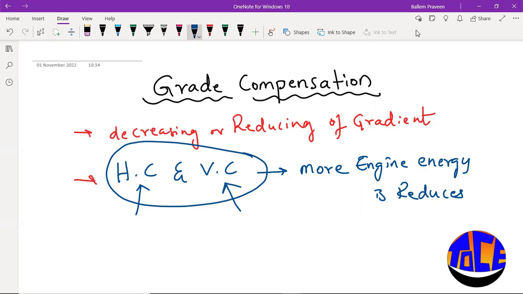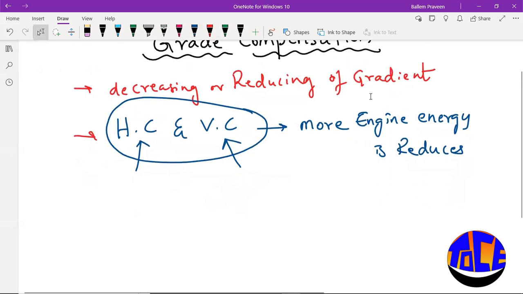This grade compensation is calculated using IRC provided empirical formulas.